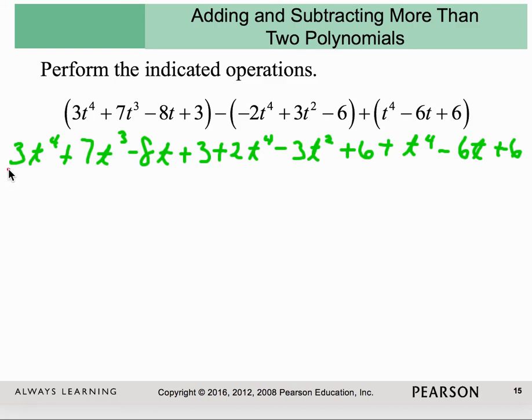All right, the only thing I can combine to this is if there's another one that's a t to the 4th, and we actually had 3 of them this time. 3 of them plus 2 of them, now I've got 5. I'm going to add one more, 6 t to the 4th. Okay, anything that's a t cubed.